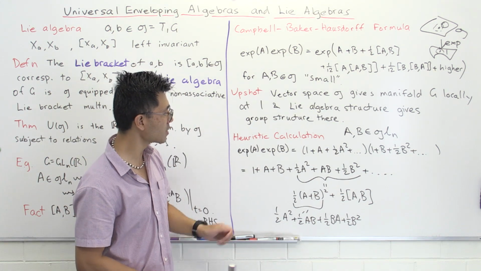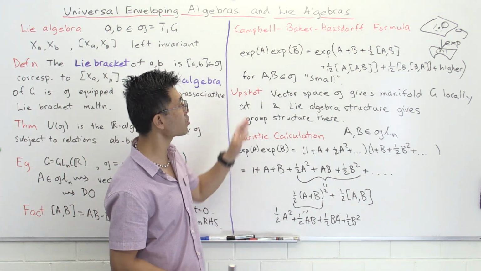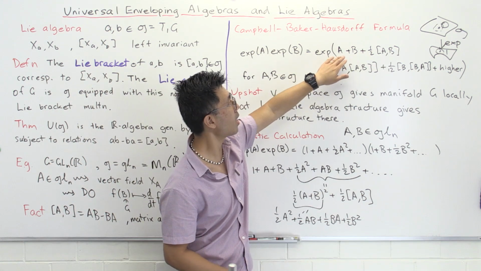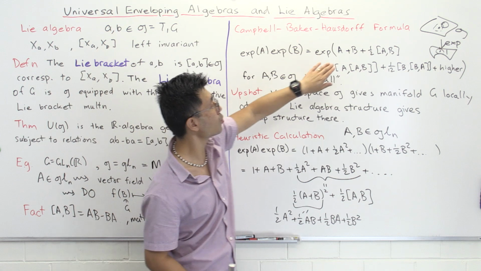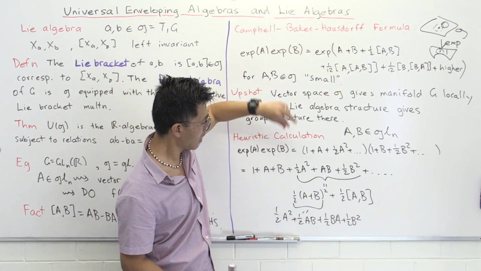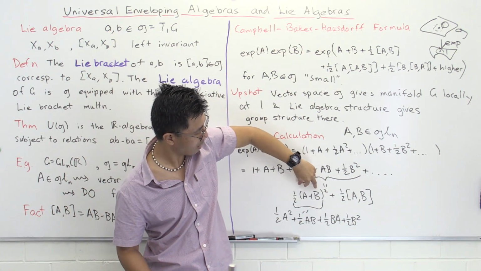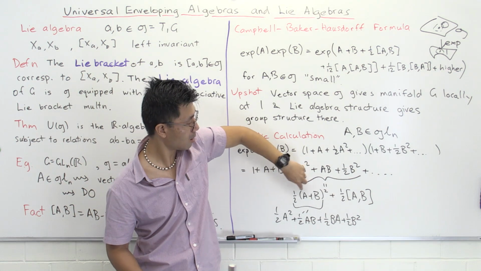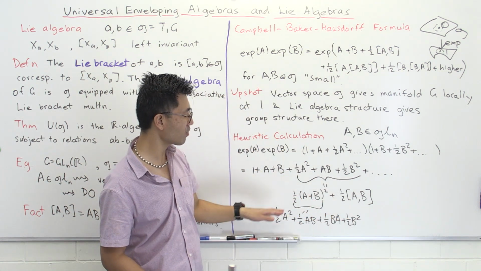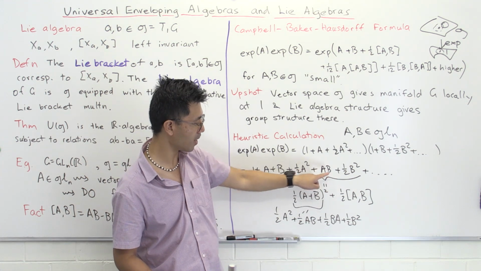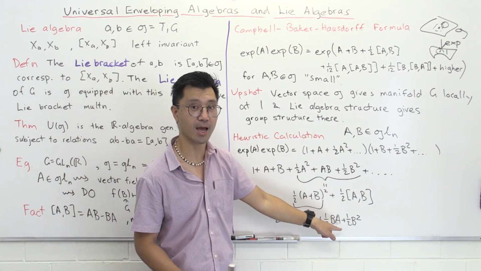And I hope you can see that if you look at the exponential on this side, how do you form the exponential? You do 1, and then you add a plus b, and then you have to add half (a plus b) squared. And the point is that half (a plus b) squared is not giving you the right answer. It doesn't give you this ab, it gives you half ab plus half ba.